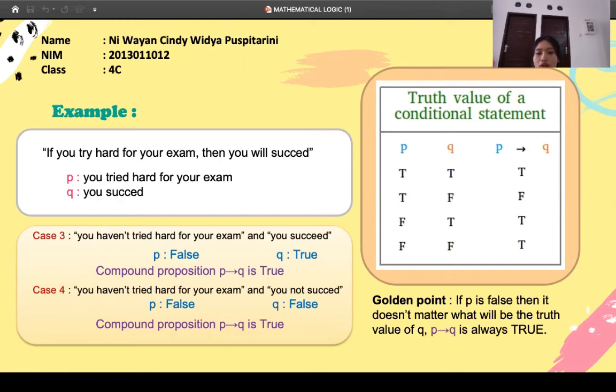Now, the golden point we must understand is if P is false, then it doesn't matter what the truth value of Q is, P implies Q is always true.